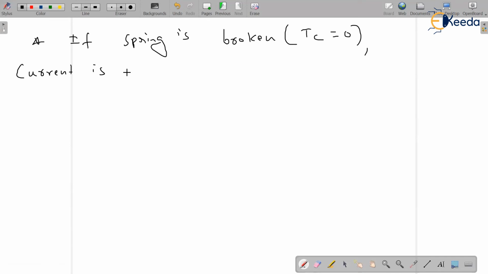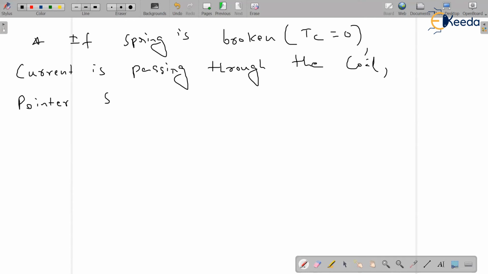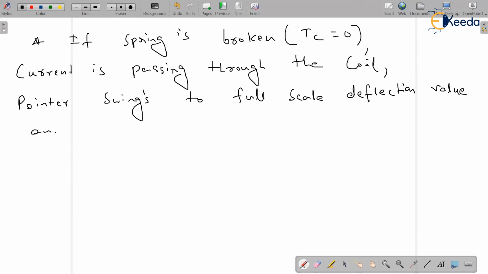Current is passing through the coil. The pointer swings to the full scale deflection value and indicates the full scale deflection value.